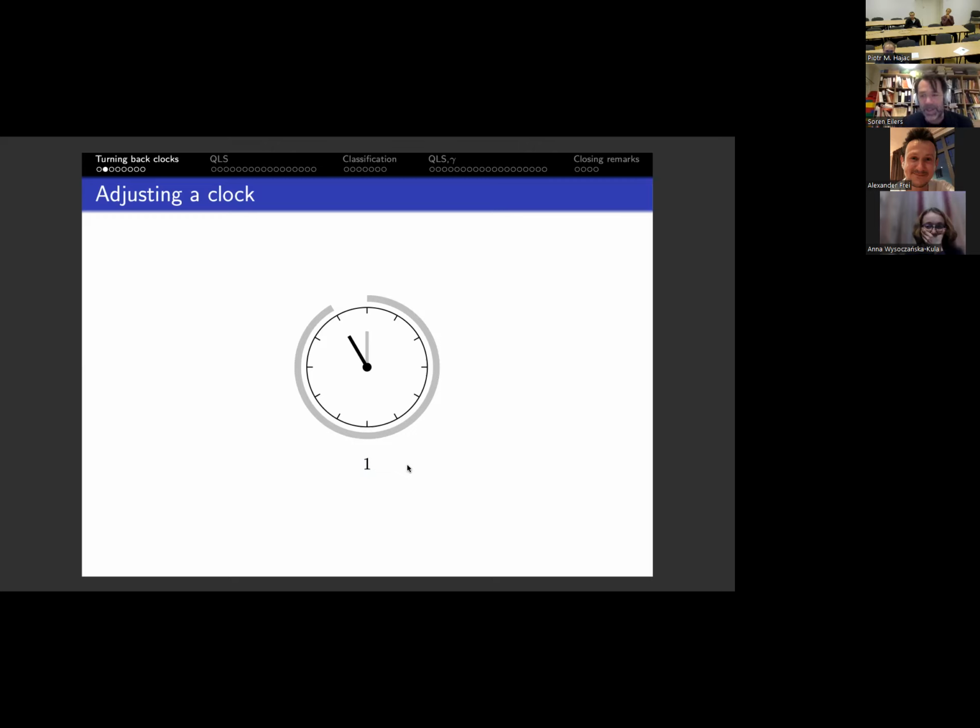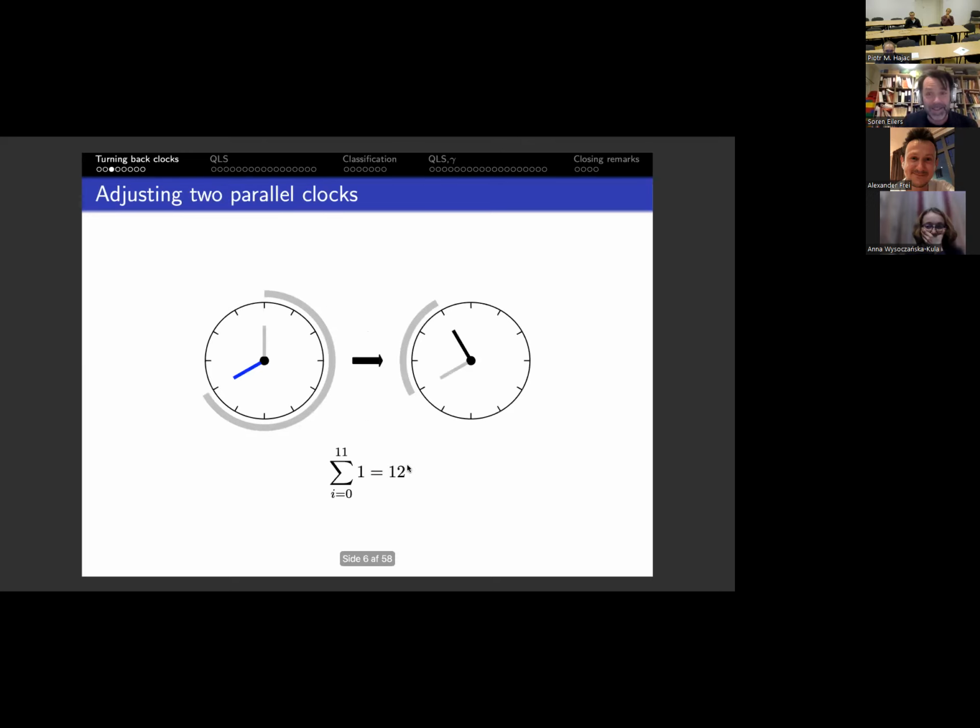So I'm going to make it somewhat more complicated and perhaps also somewhat less realistic. Consider the situation where now I have 2 clocks. These 2 clocks are somehow connected, they are parallel. One is visible, so that's the one to the right, and the other one is perhaps behind a panel or something like that.